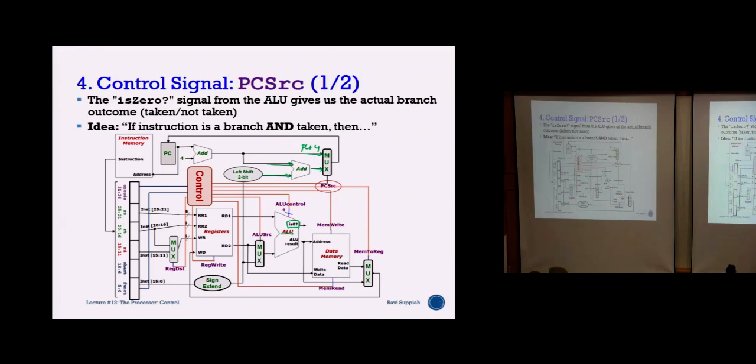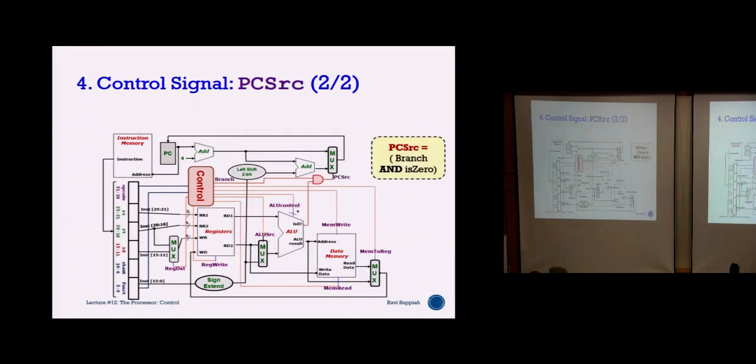So the PC source has to be modified to include one more AND gate there. Why this AND gate? Because I need to check two things. First, whether it is 0, that means the two values are matched, correct? And second, whether it is a branch instruction. Only if both these conditions are satisfied do I select the input below, the 1.